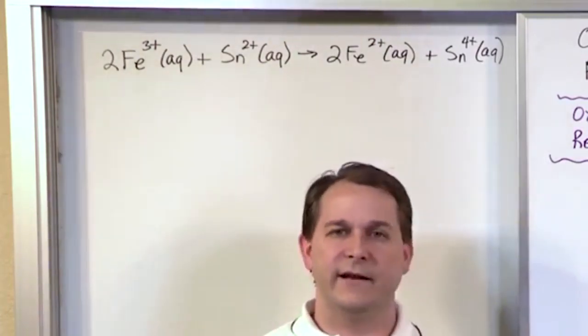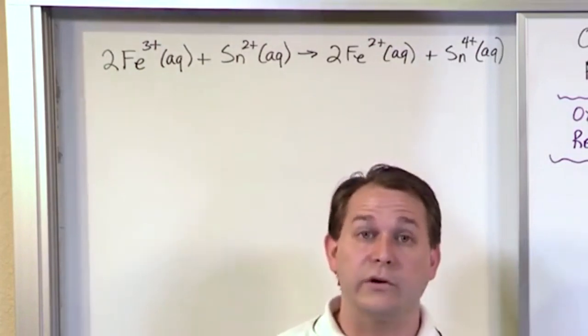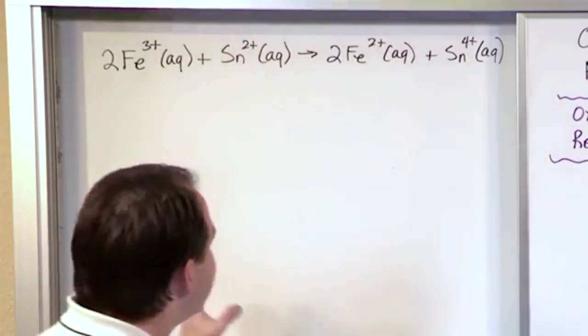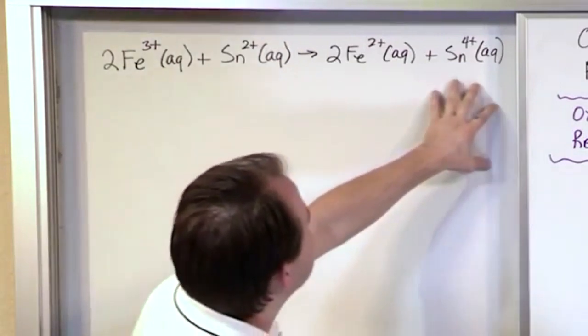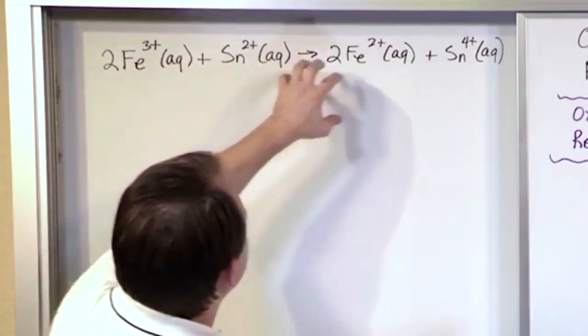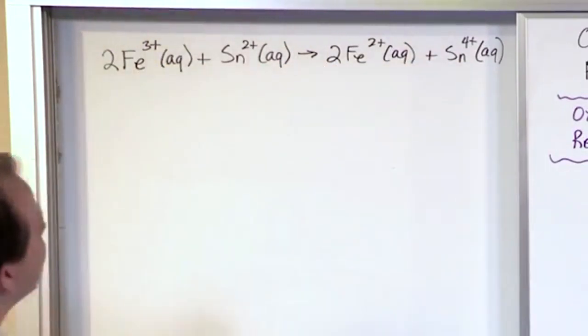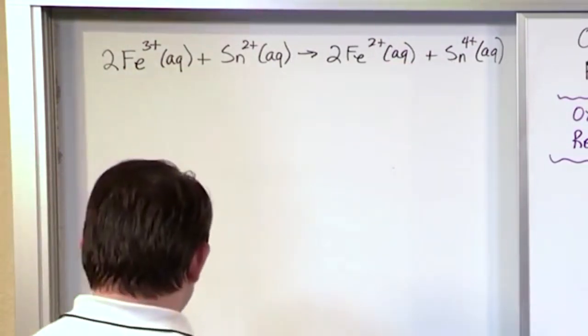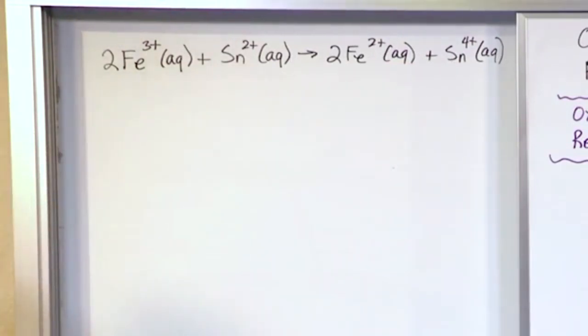We've talked about that in the net ionic part of the course earlier, so make sure you understand that. You're going to very commonly see these net ionic equations with charges all over everything because they're occurring in aqueous solution. All right. So the first thing I want to do is split this up into half reactions. That's the purpose of this problem.